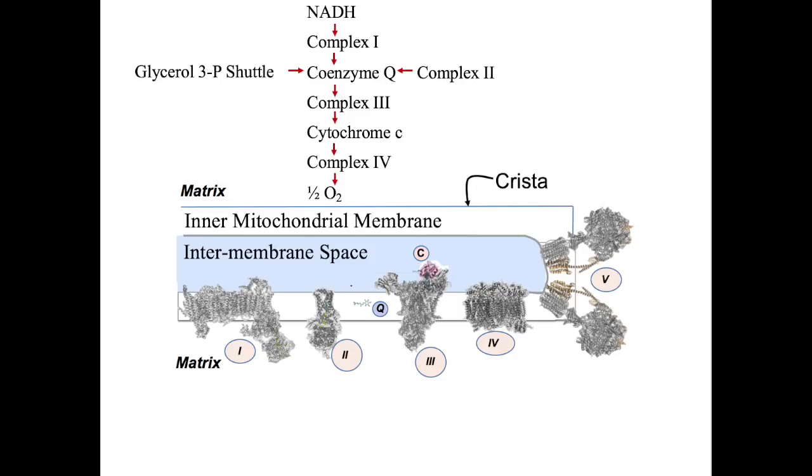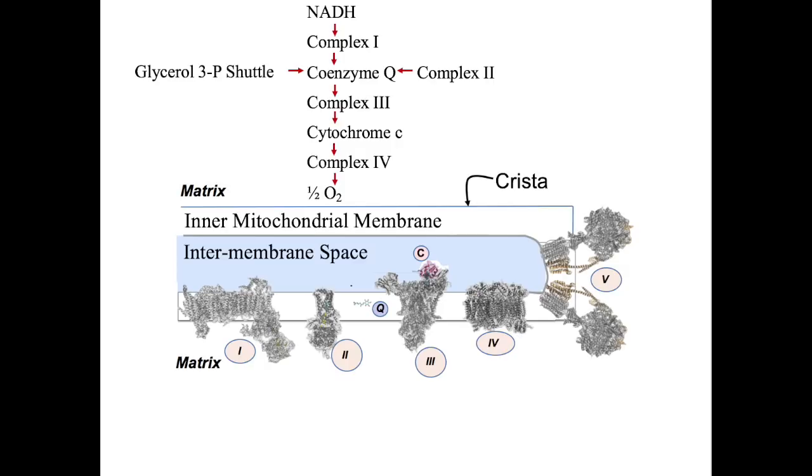So it goes from complex 3 to complex 4, and it donates its electrons to complex 4. Now in complex 4, there's oxygen bound, and so complex 4 is going to pass its electrons to oxygen to yield water.